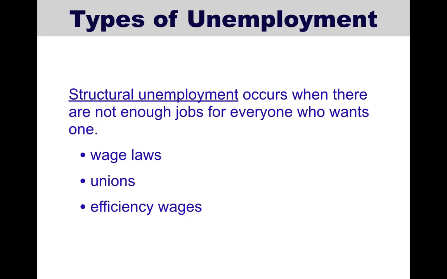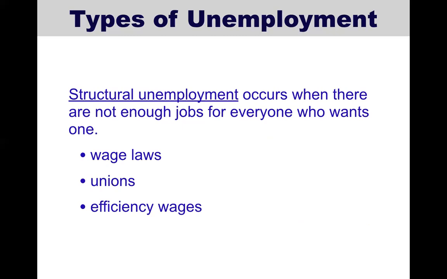So we've got powerful groups. This group could be the government, or this group could be a union. And these powerful groups actually establish a wage which is higher than the equilibrium. Right? Equilibrium, we could say this is what it should be based on microeconomic principles.